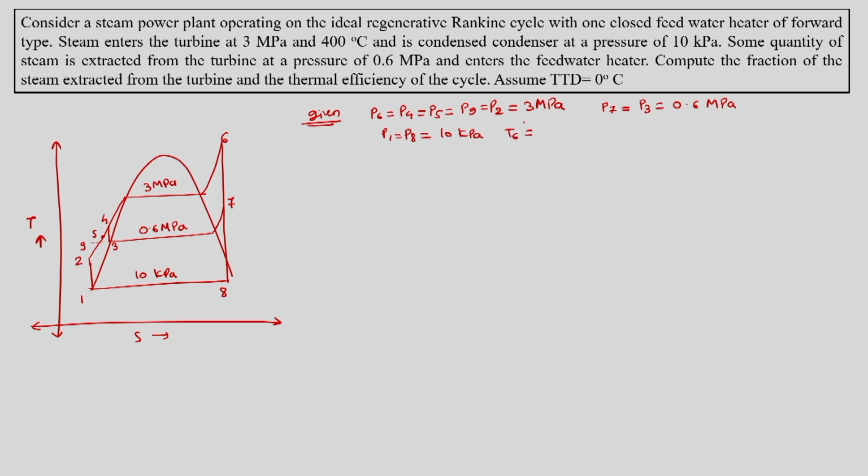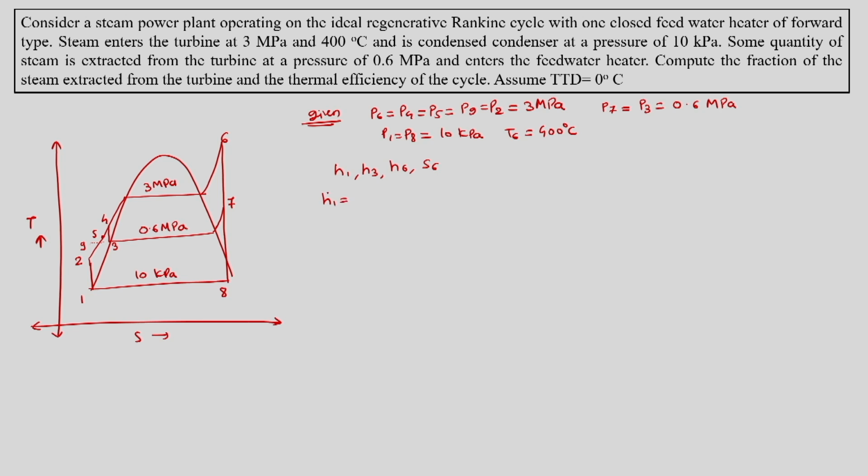Further, T6 is given as 400 degrees Celsius. First we will go into the steam table and see some enthalpies which are directly obtainable, like H1, H3, H6. Along with that we can get entropy also.